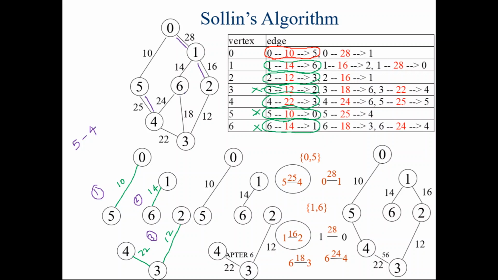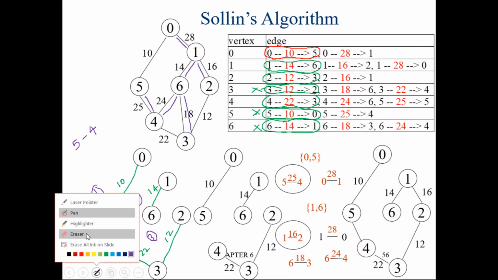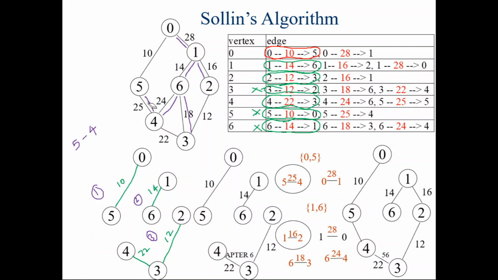Now let us see from 6. From 6 we have an edge from 6 to 3 with a cost of 18, an edge from 6 to 4 with a cost of 24, and an edge from 6 to 1 with a cost of 14. So totally there are 5 edges. Let us delete the other edges which are not required here. This is the previous case. Of the edges connected to this component, this one is added, so don't consider it.